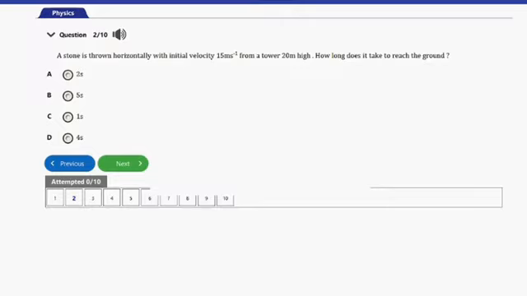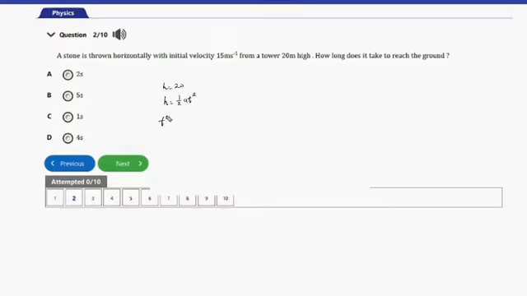So guys, if we use the equation h is equal to half g t squared, we are going to have that the h is given here, which is the height of the tower, 20 meters, and that's equal to 1/2 times the acceleration due to gravity times the square of the time. So guys, here we are looking for the time, so we'll make it the subject of this equation.